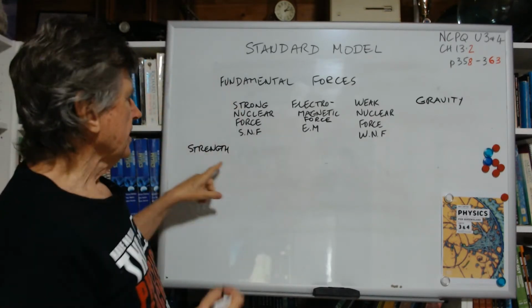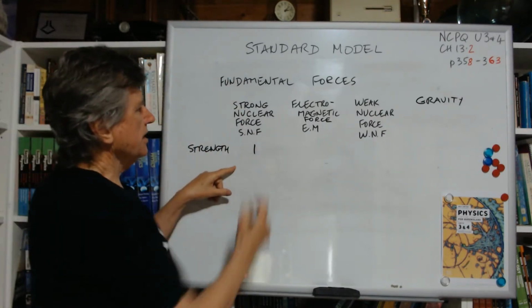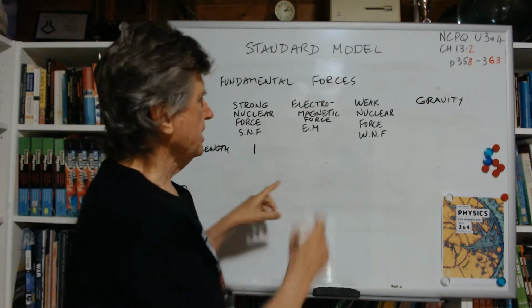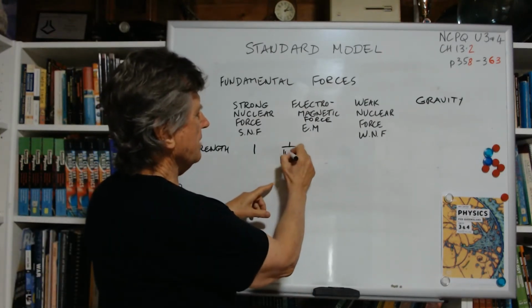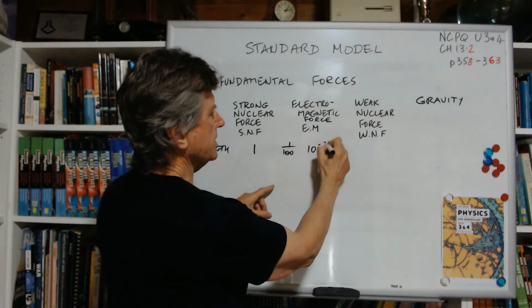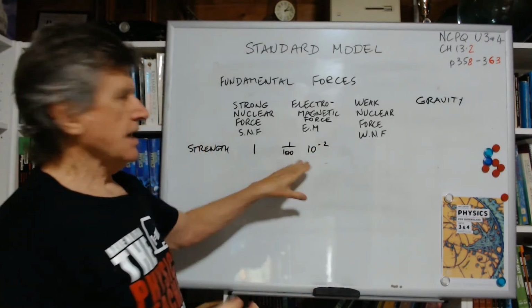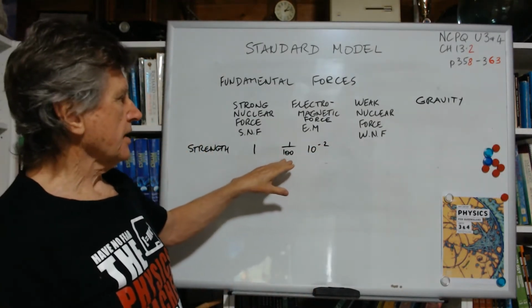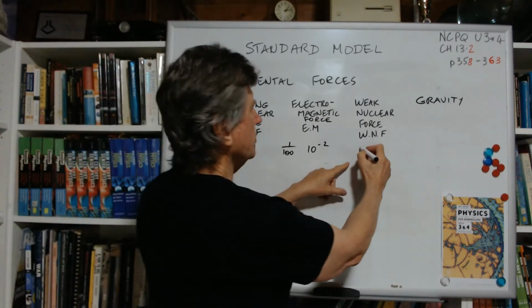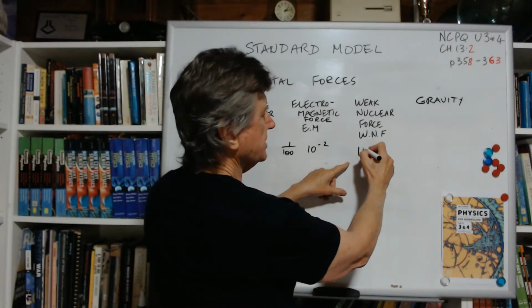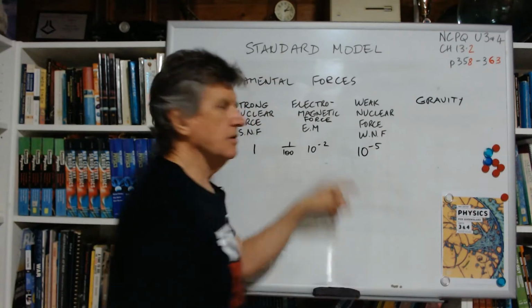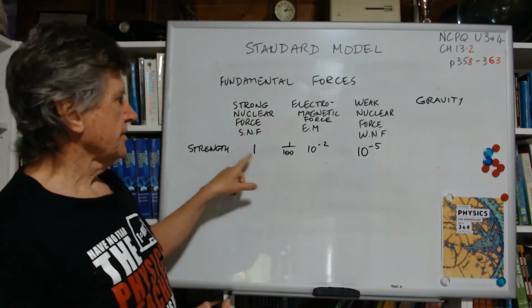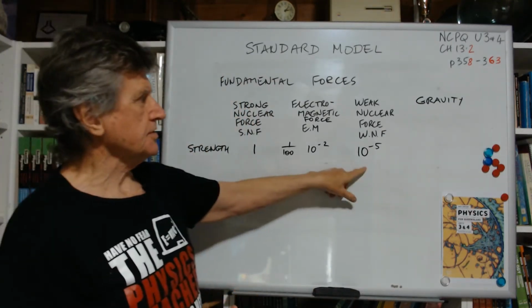So let's do that. The strength: if you said this one had a strength of 1 unit, this one here would be about 100th, or in other words 10 to the minus 2 of the strength. This one here would be about 1/10,000th, so this is 10,000 times as strong as that one.